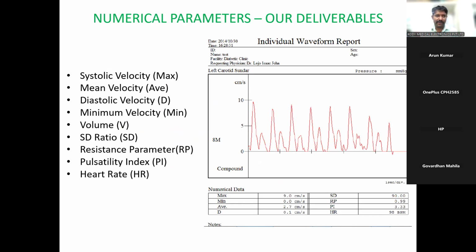Can anyone see the individual waveform report? Yes. This is very crucial. For example, here the maximum velocity is 9 centimeters per second only. If the doctor is giving treatment and it is working, this flow velocity will improve. Whereas with unidirectional Dopplers, you can't check whether the treatment is working or not. You can quantify it with ours. This is very crucial.